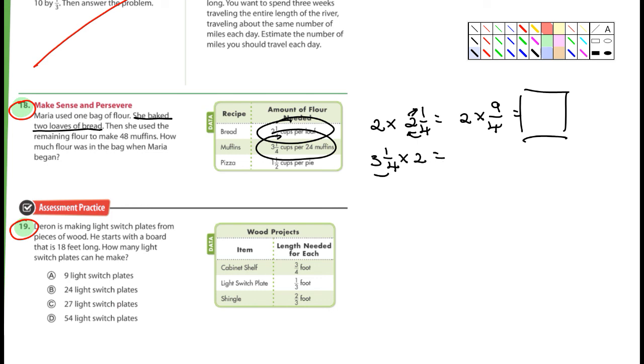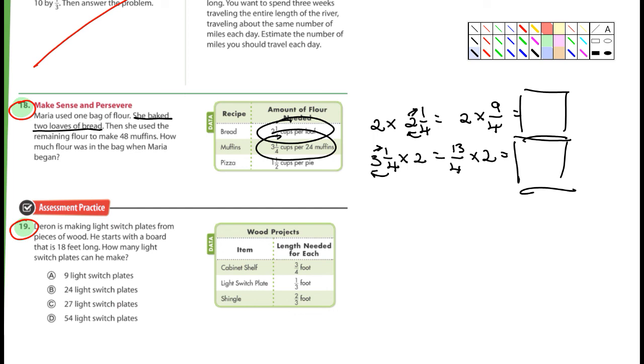So 3 1/4, changing that into a fraction, that's 12 plus 1 is 13. It's going to be 13 over 4 times 2 equals, and you're going to get a number. So those two numbers are going to be fractions, and you're going to have to add them together, and that will tell you how many cups.